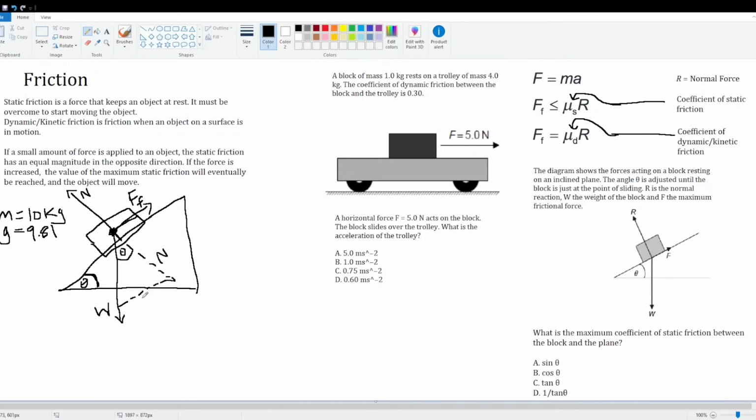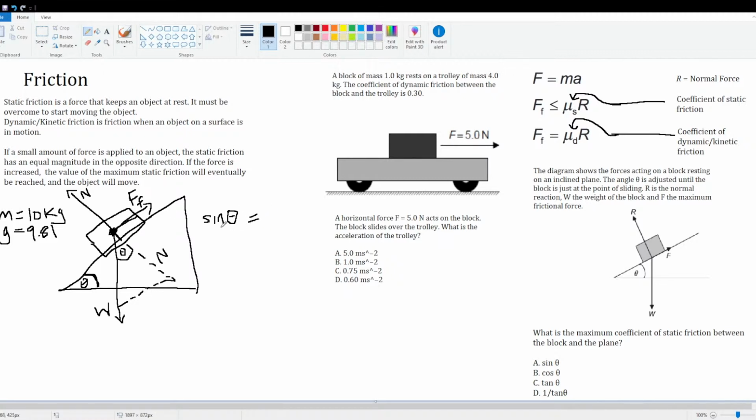So, let's get back to finding the force of friction. Well, we want to find this, so we need opposite, and we also need the hypotenuse. So the hypotenuse is W. So let's rewrite this here. Opposite and hypotenuse, that's going to be sine. So sine theta, a lot of times you'll be given the angle, but we're just going to label it as theta for now, equals opposite, which is that.